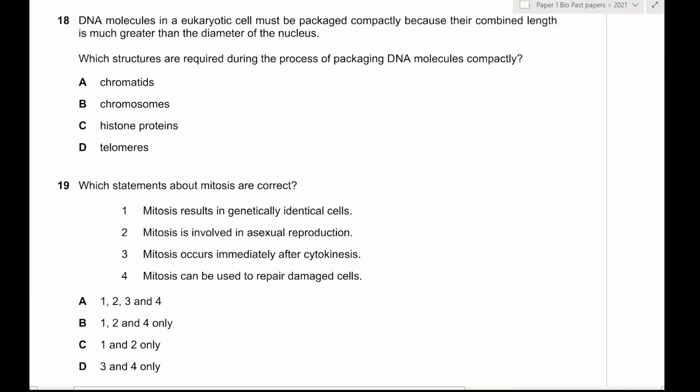18. DNA molecules in a eukaryotic cell must be packaged compactly because their combined length is much greater than the diameter of the nucleus. Which structures are required during the process of packaging DNA molecules compactly? So, first of all, we know that a DNA molecule is incredibly long, almost 2 meters long. So it must be packed compactly to fit inside the 10 micrometer nucleus.